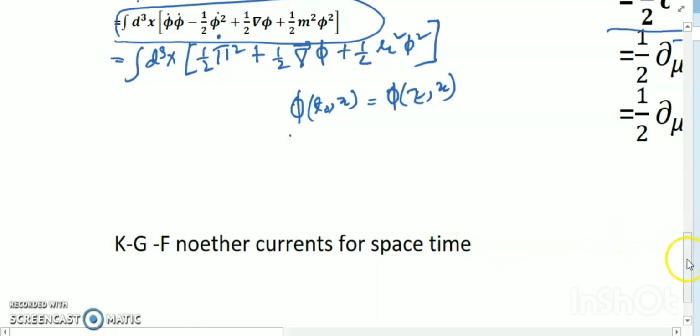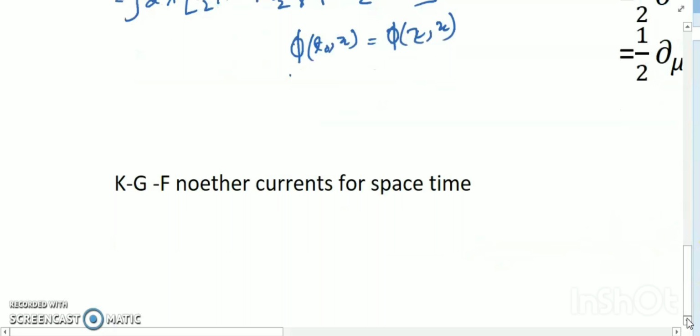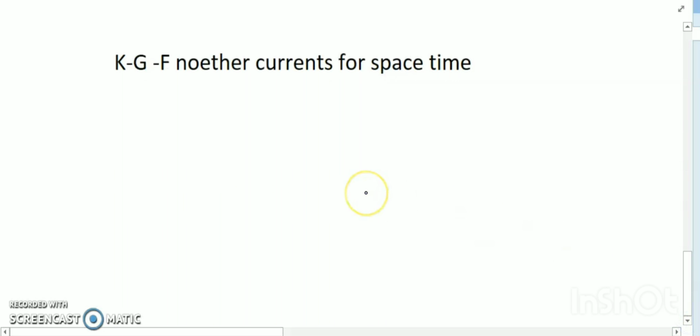Now we discuss the Klein-Gordon Noether current for space-time. So let's start with T mu nu.